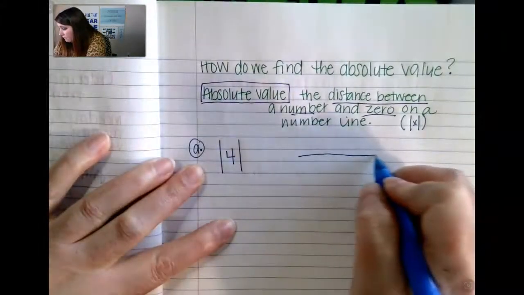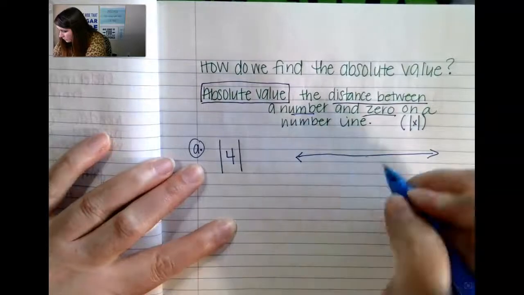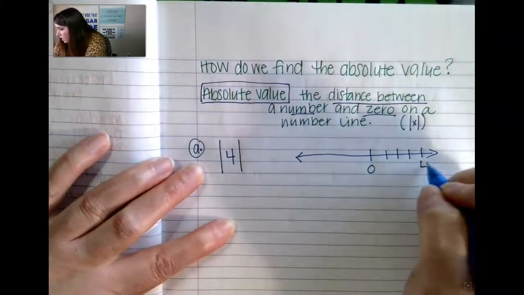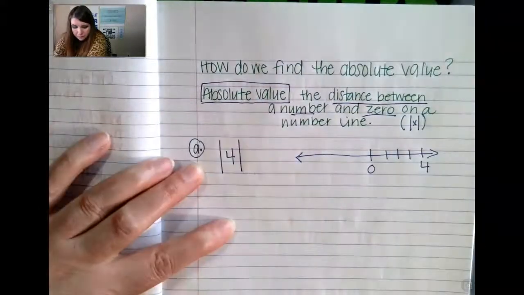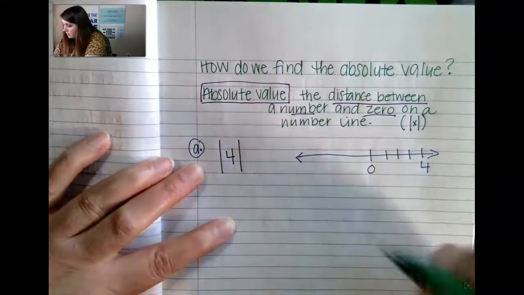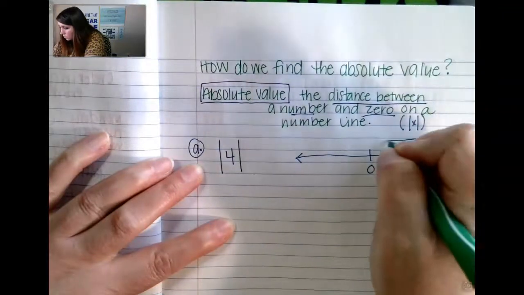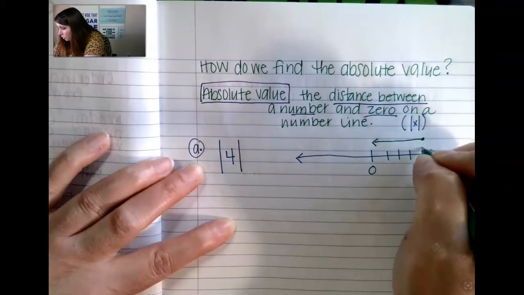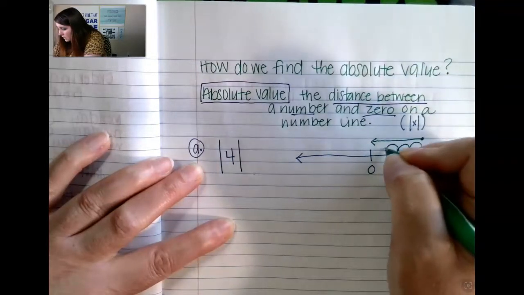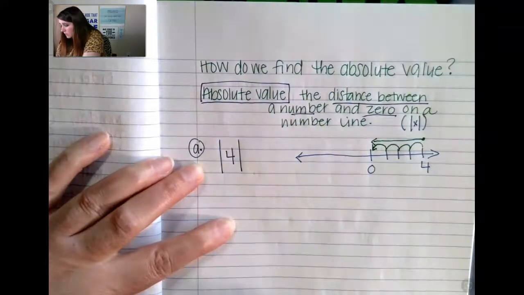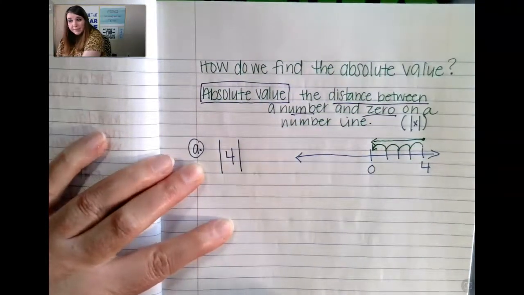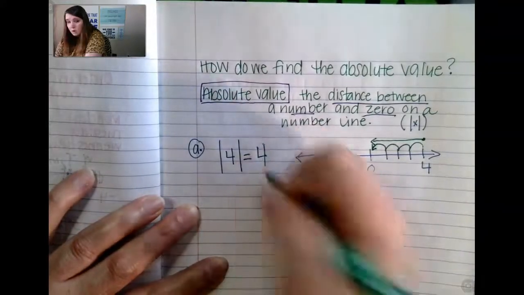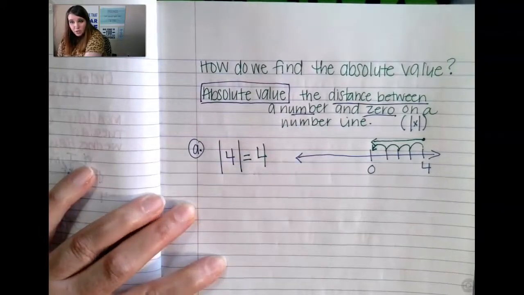So when I graph this on a number line, and I have 0, 1, 2, 3, 4, to get from 4 to 0, I have to jump 1, 2, 3, 4 jumps. Because I do 4 jumps, the absolute value of 4 is 4.